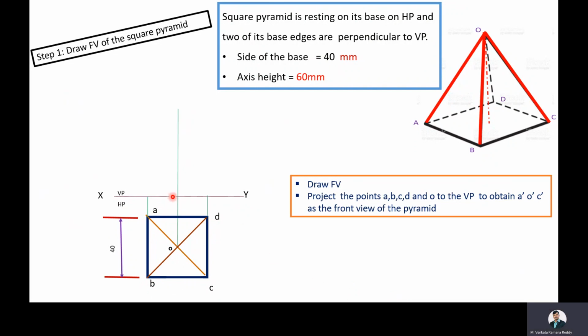After that, along this projector with a distance of 60 mm from the XY line, locate a point O dash, and O dash is the image of the apex in front view. Here, the distance of the O dash from the XY line along the projector is 60 mm, and this distance is nothing but axis height of the pyramid.